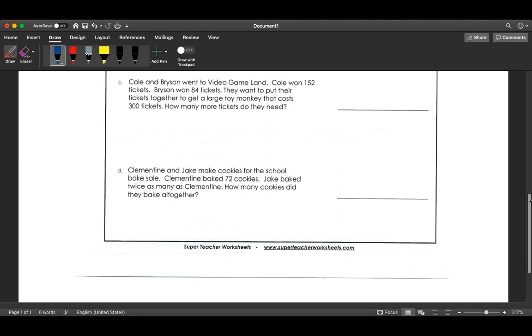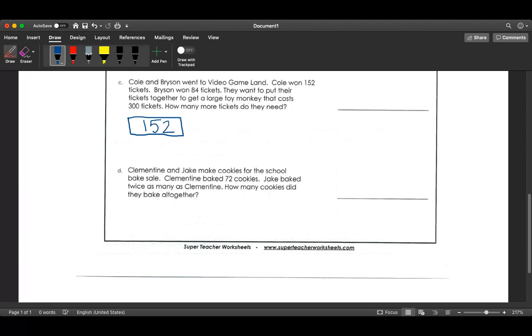So we have a clue in this problem when it says how many more do they need. It must mean that when they put them together, they didn't have enough. So let's see how many they had when they put their tickets together. So Cole had 152.